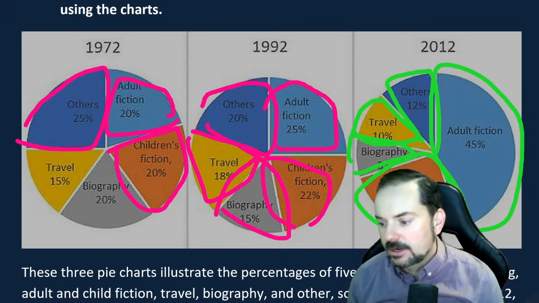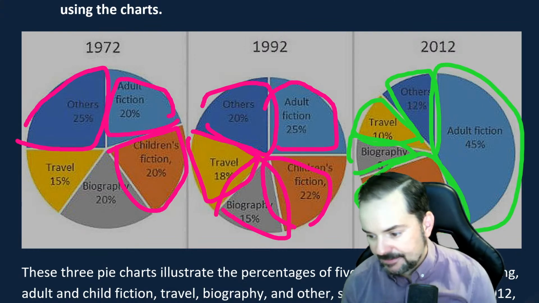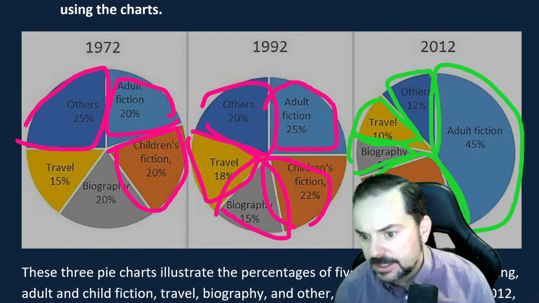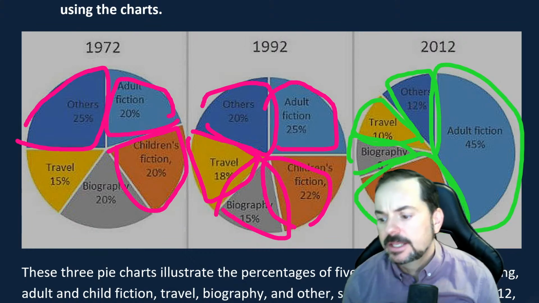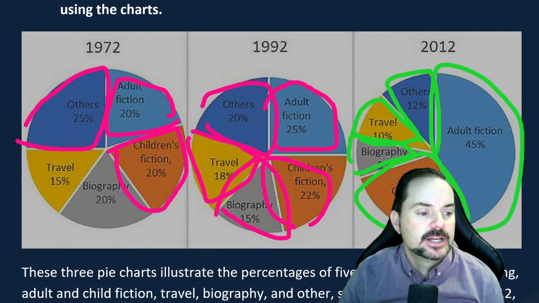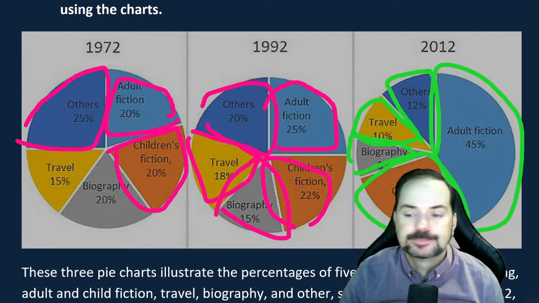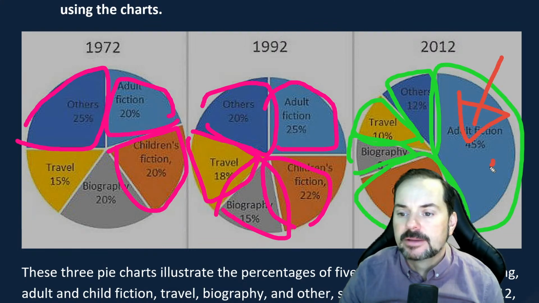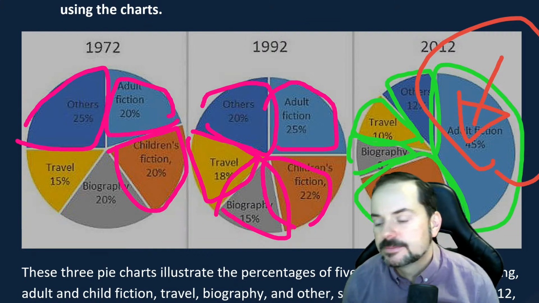So Mal says adult fiction took almost half of the pie in 2012. Yeah, Mal, that's one. So definitely one of the main features that I see, I agree with you, is that big change there. But there's something else that I see.